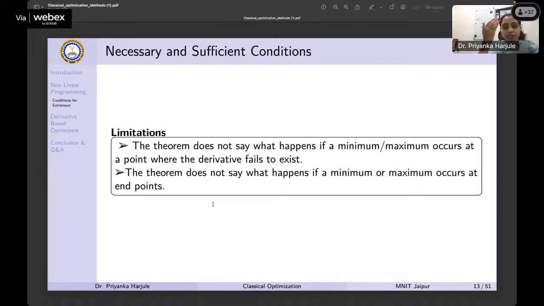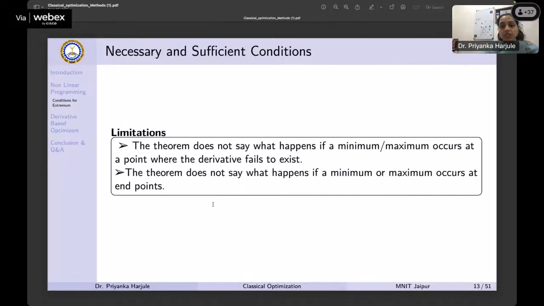So this function is a very good example of this theorem failing at the minimum point. Using this theorem, we cannot identify the minimum point of the function f of x equals mod x.